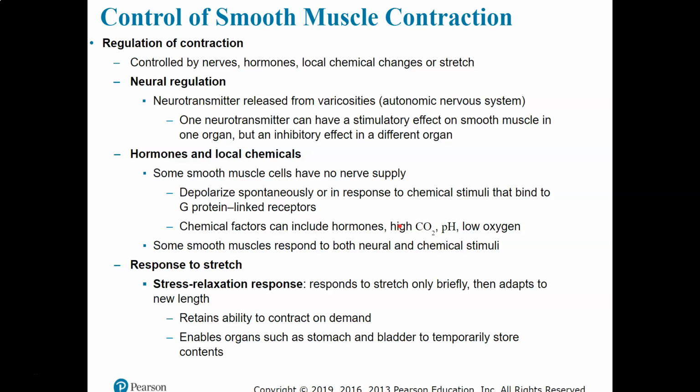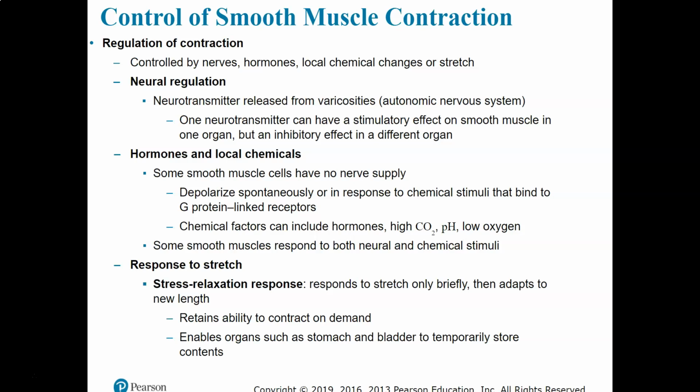The regulation of contraction in smooth muscles is a bit different. In skeletal muscles, because they are voluntary, that contraction is going to be controlled by the somatic nervous system. Here, we can have neural regulation from the autonomic nervous system, but these neurotransmitters can actually have stimulatory or inhibitory effects, and the same neurotransmitter can actually be stimulatory or inhibitory depending on the organ and how we want those organs to react.